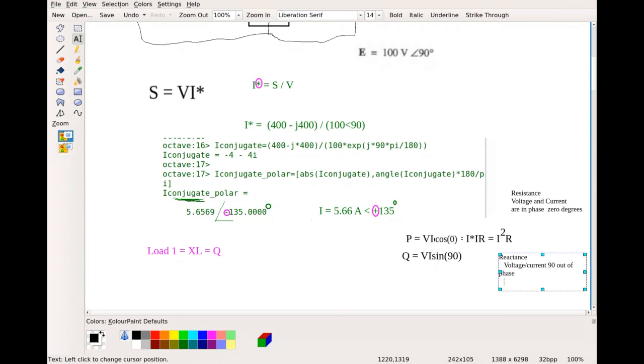Okay, and so the sine of 90, which is equal to the sine of minus 90, is equal to 1. And up here, the cosine of 0 is 1.